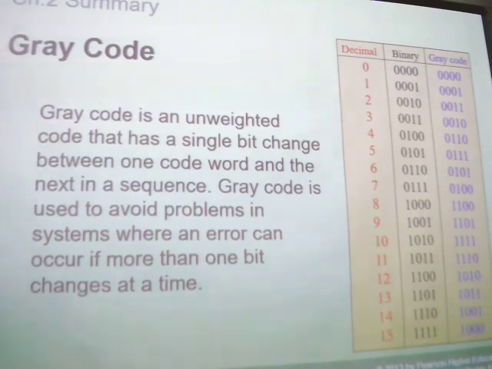Gray code is used to avoid problems in systems where an error can occur if more than one bit changes at a time. It is usually used in data transmission, because many errors can occur in transmitting data. So this code can be used for this task.